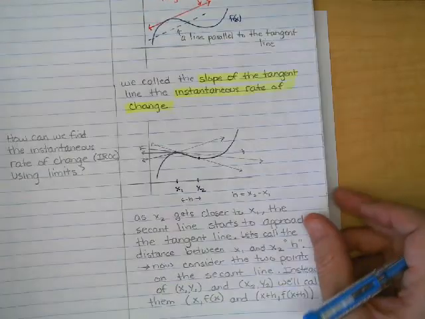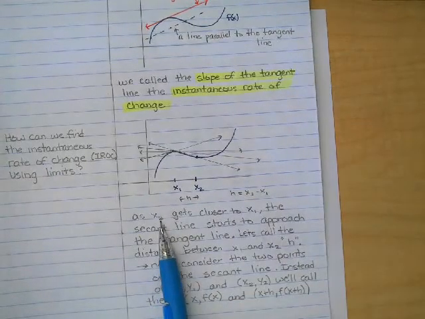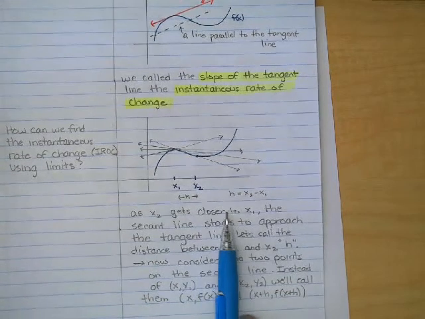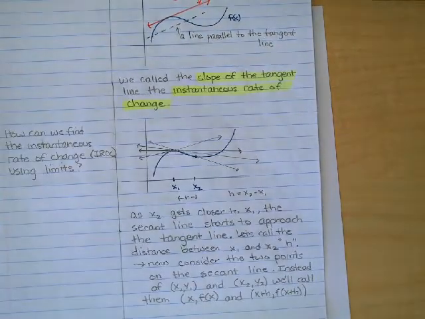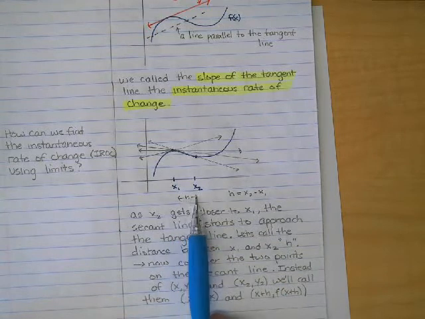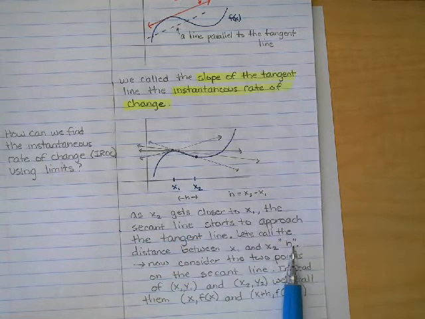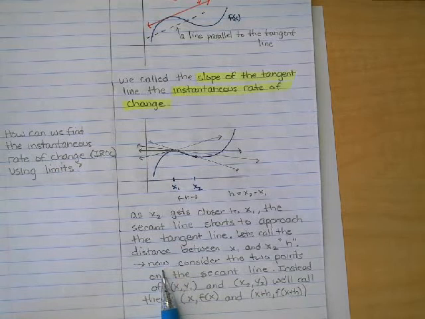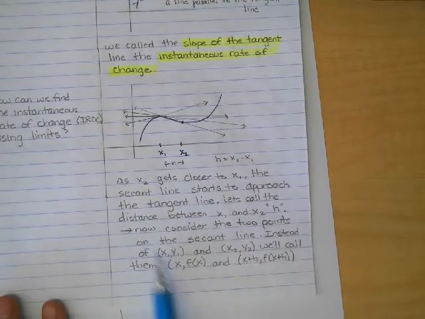Okay, so back to our notes here. So I'm going to say as x2 gets closer to x1, the secant line starts to approach the tangent line. And if we call that distance between these two guys h, then consider it kind of like a limit.